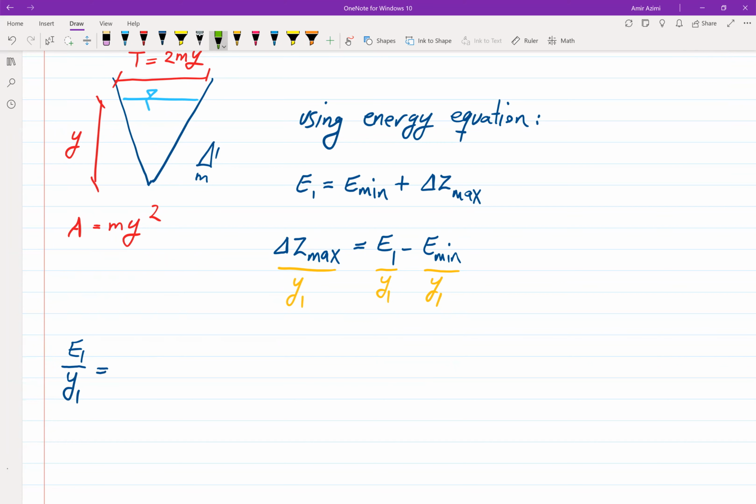Okay, so E1 is Y1 plus Q squared divided by 2G A1 squared. So I divide that by Y1. And then here we have Y1.